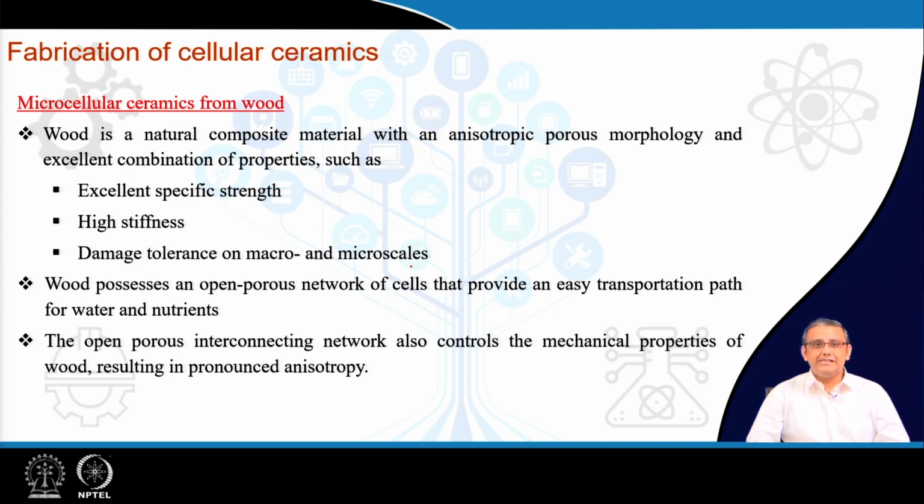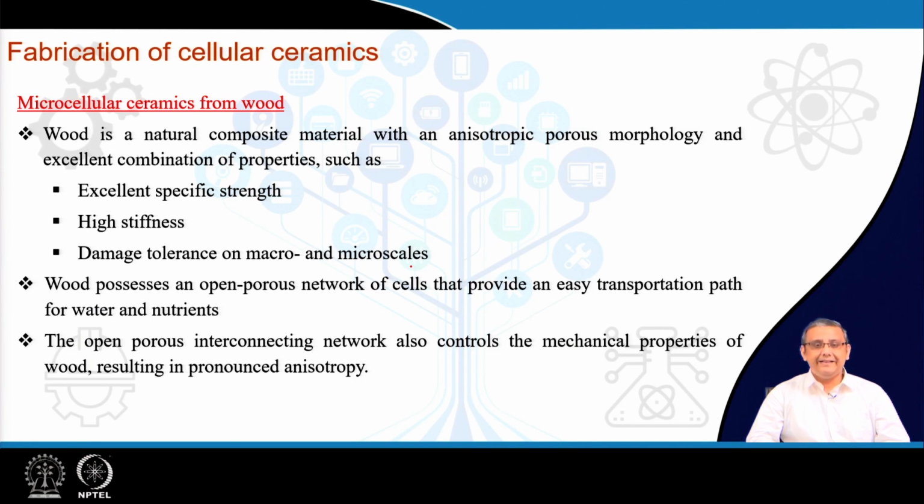Wood possesses an open porous network of cells, which means it can be infiltrated easily, and that provides a very nice initial preform structure which can be converted into a porous ceramic body.